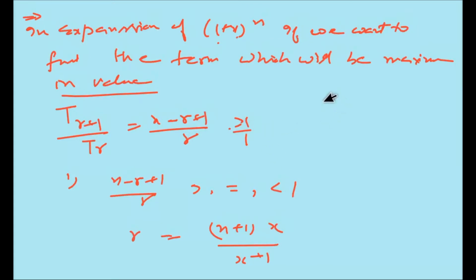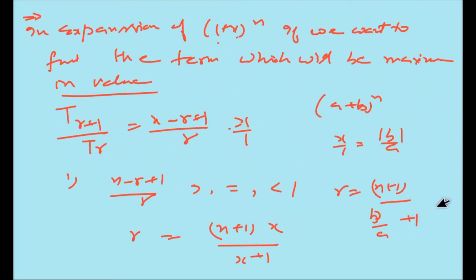If we take (a + b)^n, then x/1 is equal to b/a. And b should be positive; we should not take the value of b as negative. Then we write (n + 1)/((b/a) + 1) times b/a. This b should be taken as positive.